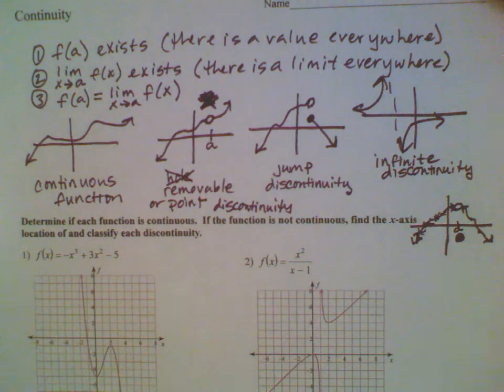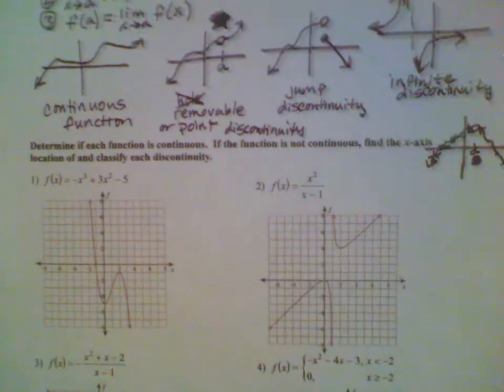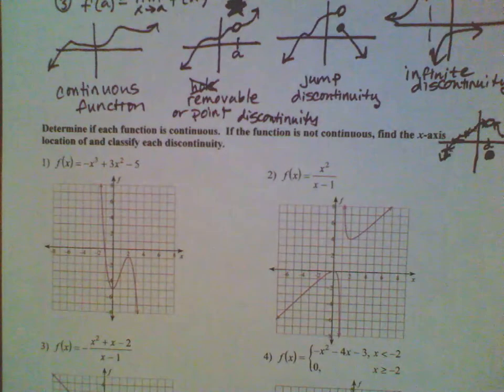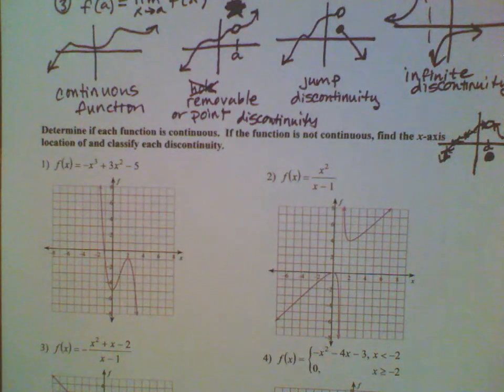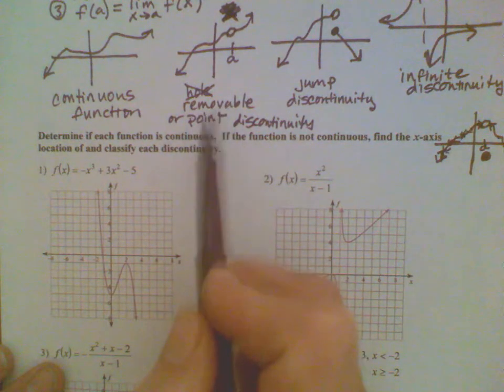Now, I talked about a lot of stuff, and I don't want you to overthink it. I just want you to look at the pictures and see if you can decide, well, is this a continuous function or not? And if it's not continuous, we can tell where it fails, and we can tell why it fails. And when I'm talking about why it's not continuous, I'm talking about, is it removable or point? Is it jump?